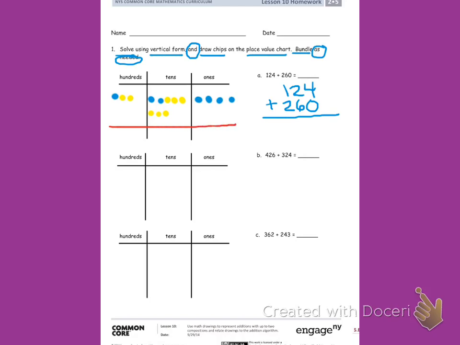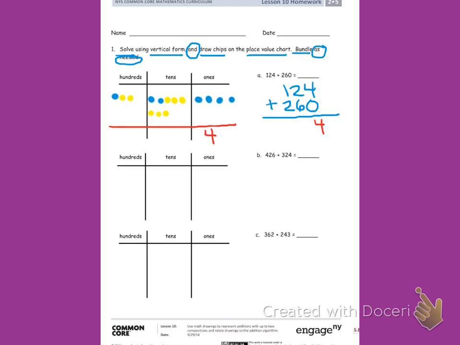Four ones plus 0 more ones equals 4 ones. You could see that right there on the picture in the place value chart. 2 groups of 10 plus 6 groups of 10. If I look at the place value chart, that looks like this. 2 blue groups of 10 plus 6 yellow groups of 10.